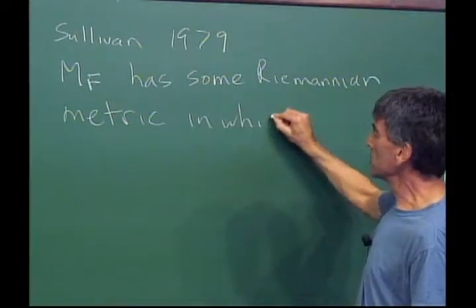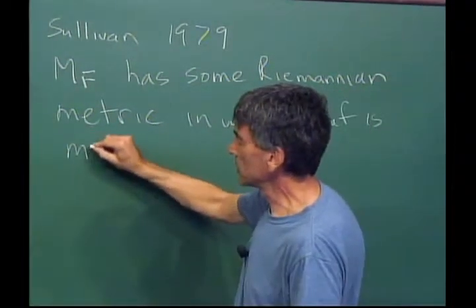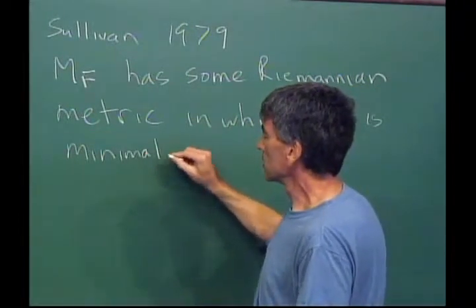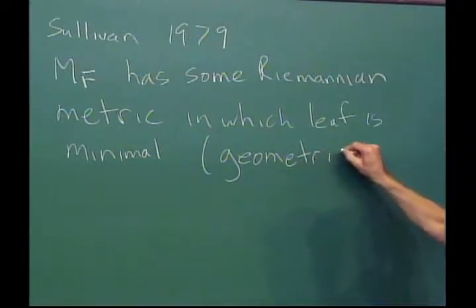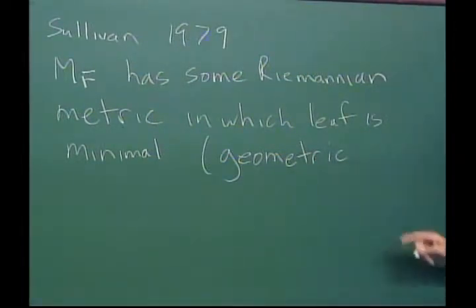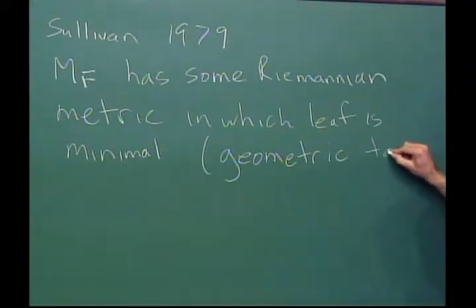This is what's called geometrically taut. If there's some Riemannian metric in which every leaf of a foliation is minimal, then we say that the foliation is geometrically taut.